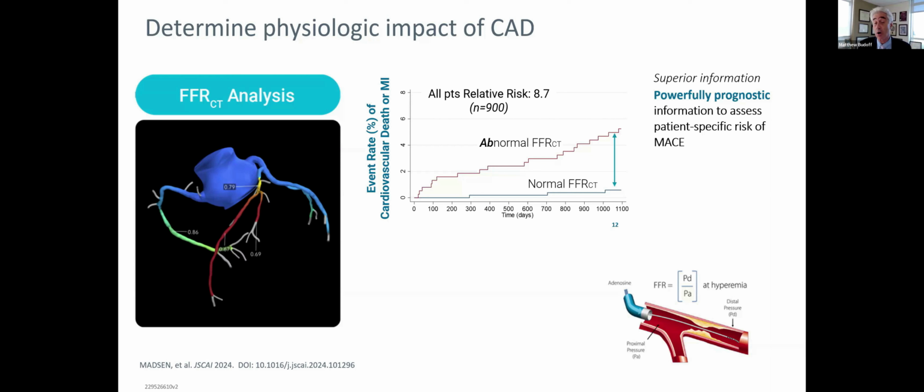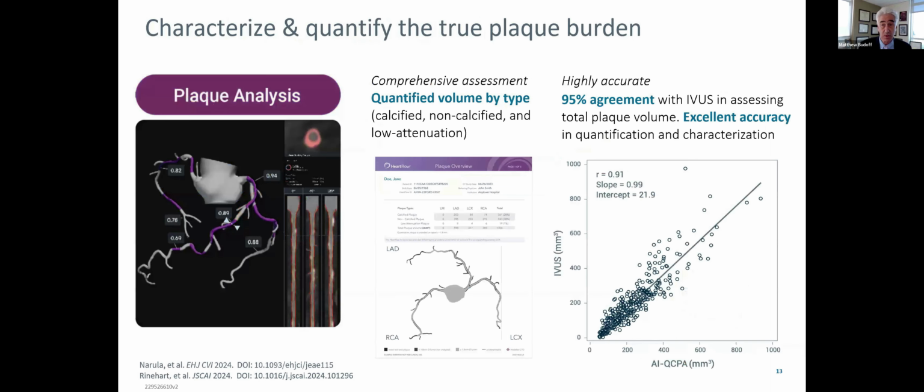But if we just look at the hard cardiovascular events, you can see that those patients with an abnormal FFR-CT were almost 9 times more likely to suffer a cardiovascular event as compared to those patients who had a normal FFR-CT. And this is powerful information to assess patient-specific risk of major adverse cardiovascular events.